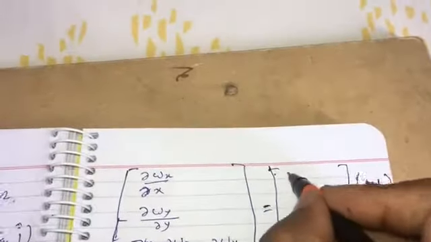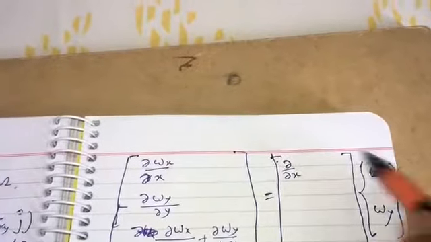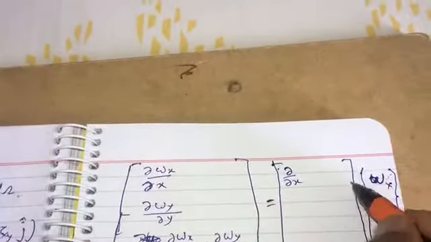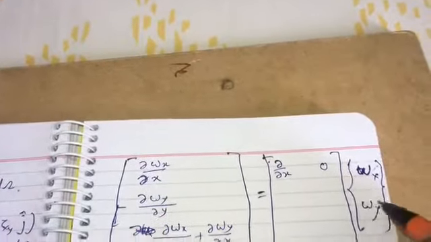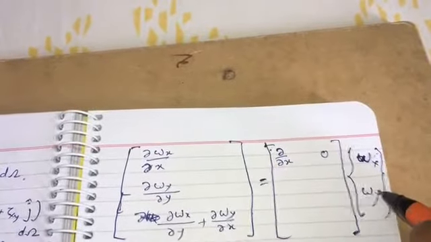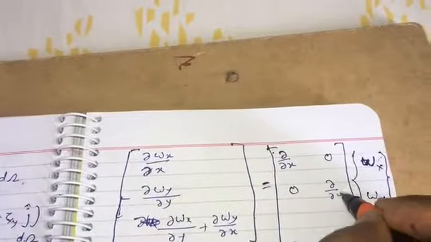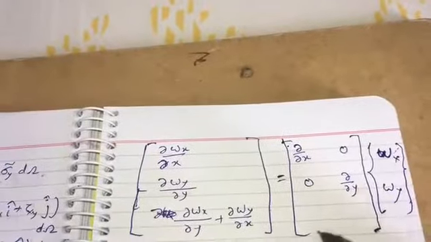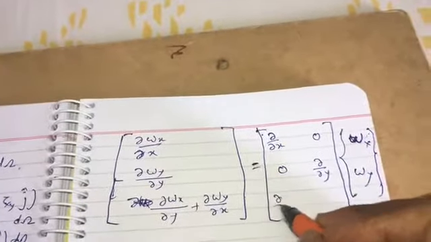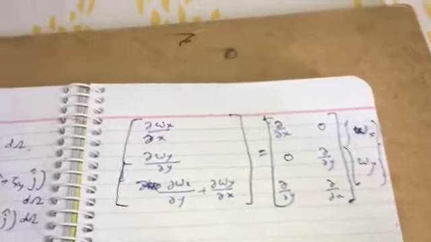Here del over del x will be there, so that if you multiply by this we get this, and here it will be 0, so that 0 is multiplied with wy. Similarly, in this case it will be 0, del over del y, so that this and this will match, and the third will be del over del y, and here del over del x.